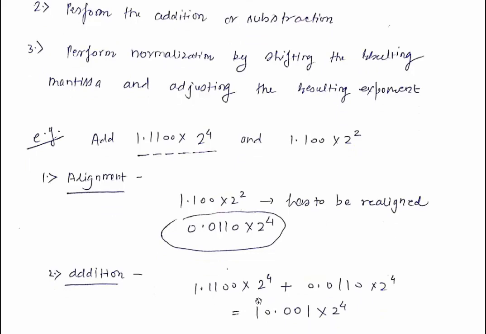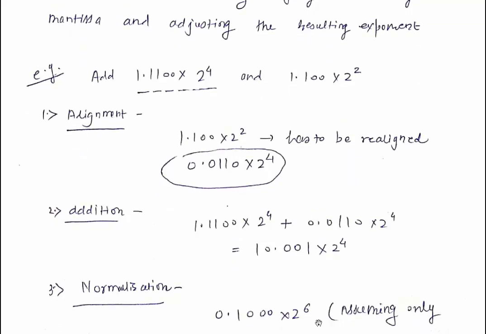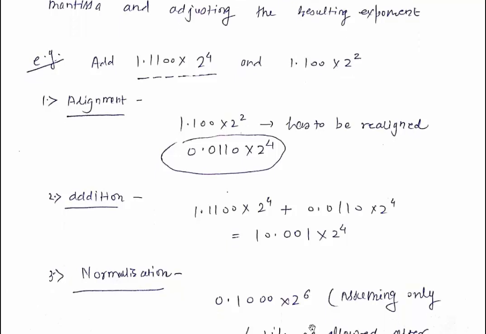So this mantissa 1.1100 and this mantissa 0.0110 are added together. It would be 10.001 into 2 raised to power 4. If you add, 0 plus 0 would be 0, 0 plus 1 would be 1, 1 plus 1 would be 10, 1 carry, 1 plus 1 would be 10. So this would be 10.001 and you have to perform normalization. Normalization means the first bit after the radix point must be 1.